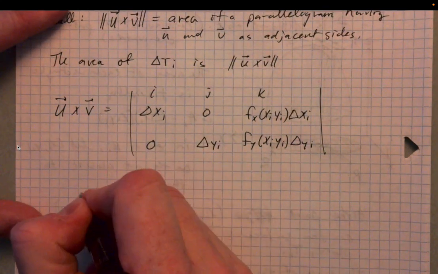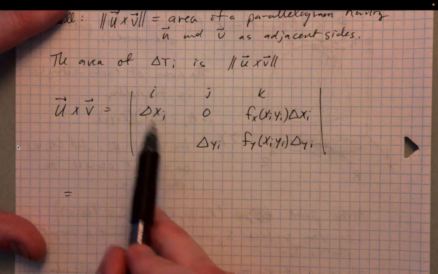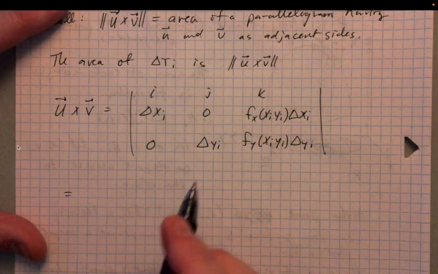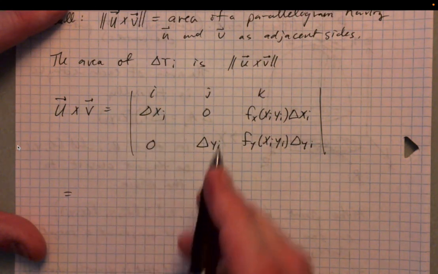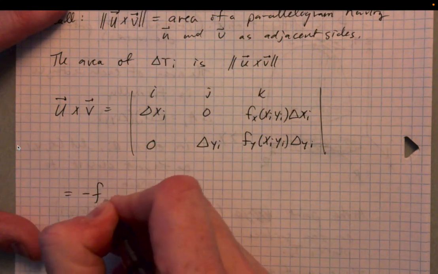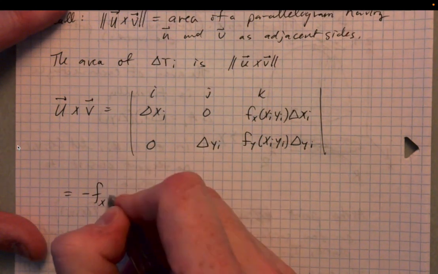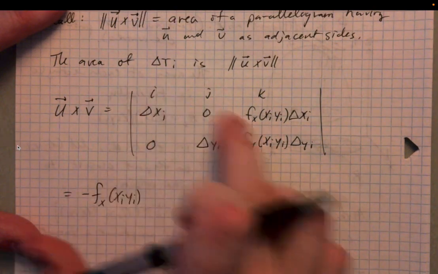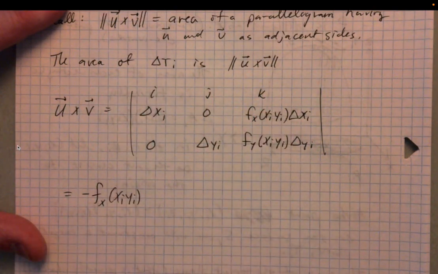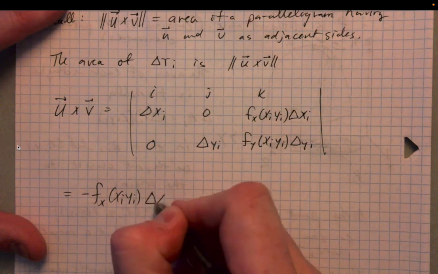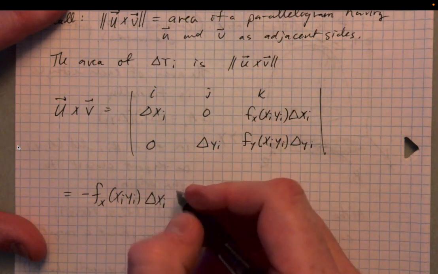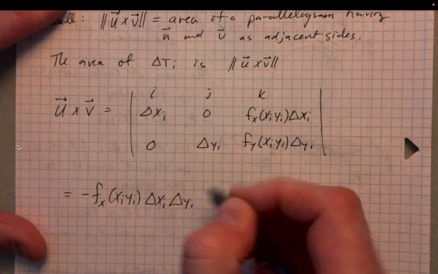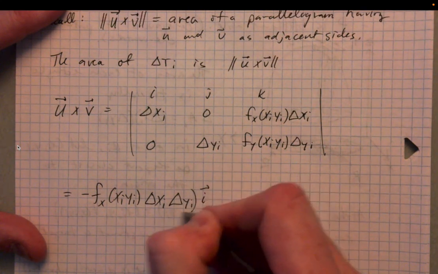Going through this, what do we get for the i piece? We would get negative f sub x at (xi, yi). We're crossing this out, so that's 0, and then it's just minus that, and then delta xi delta yi, and that's the i component.